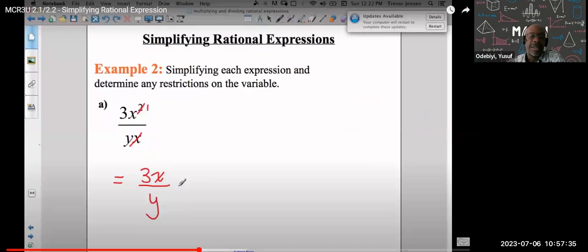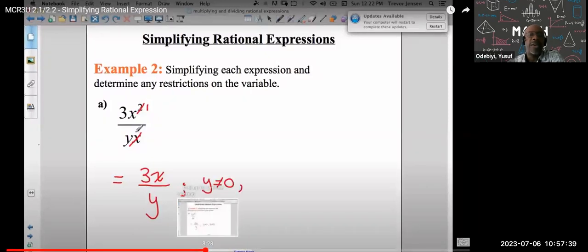Let's fast forward a little bit. Okay, so now once you simplify, you got to state the restriction. Y cannot equal to 0. Why? Because if it is equal to 0, you're gonna have an error in the bottom. So your restriction is y cannot equal to 0. Oh yeah, and also x cannot equal to 0.